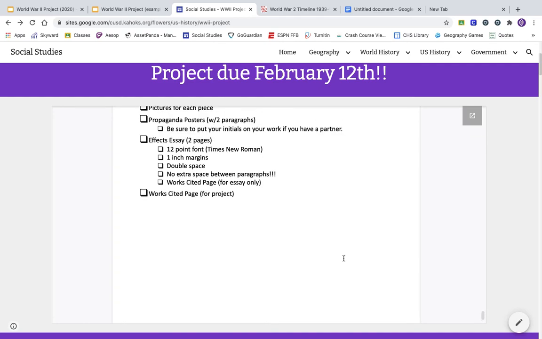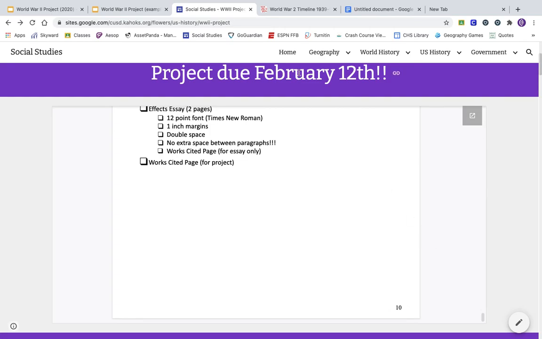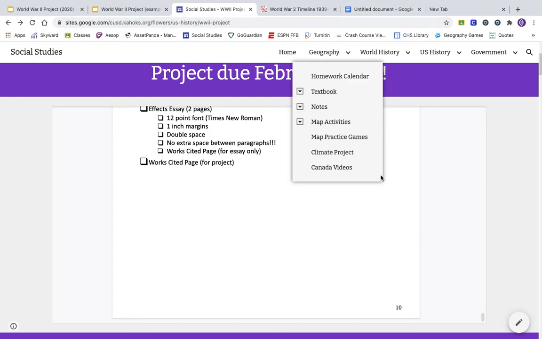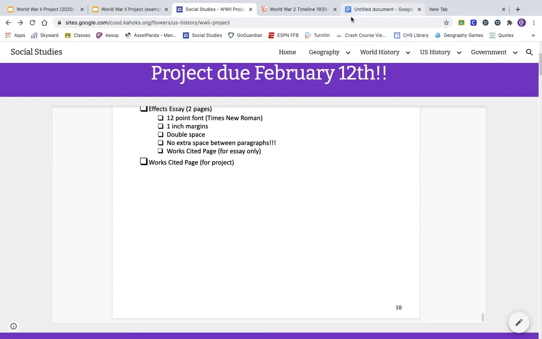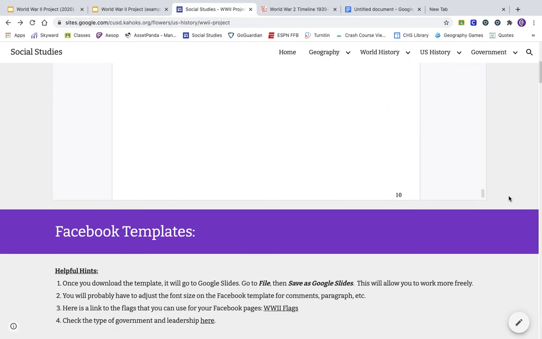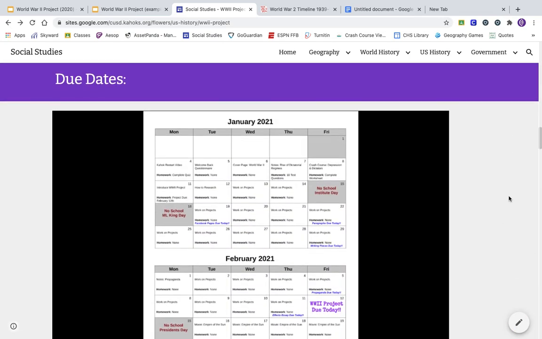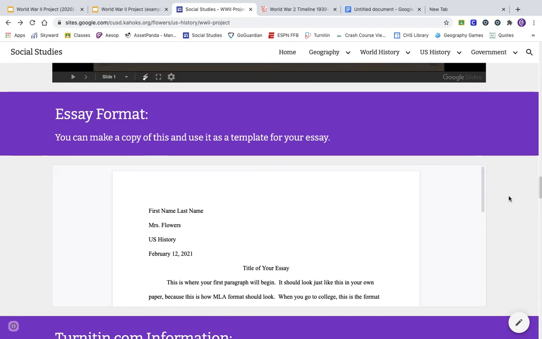And then you'll need 2 works cited pages, one for the essay, okay? So the effects essay should have all this, and then a separate one with the project. So when you turn in the essay, you're going to submit that onto turnitin.com. Let me go to, let's see. You'll submit that to turnitin.com.